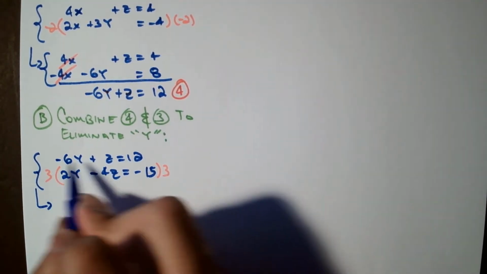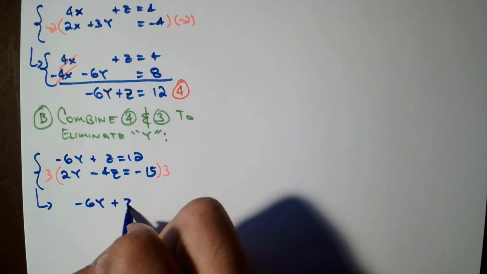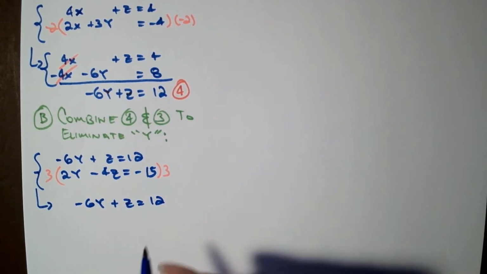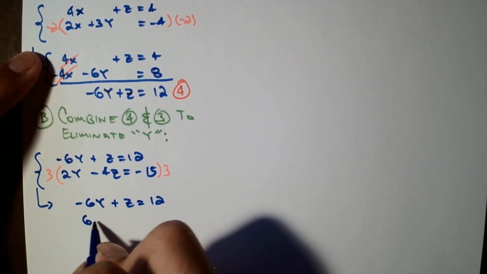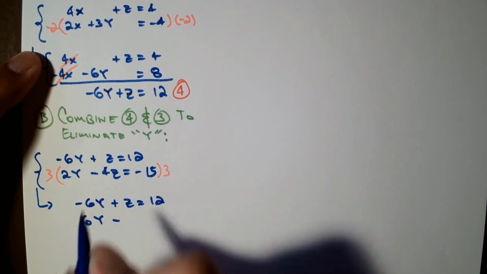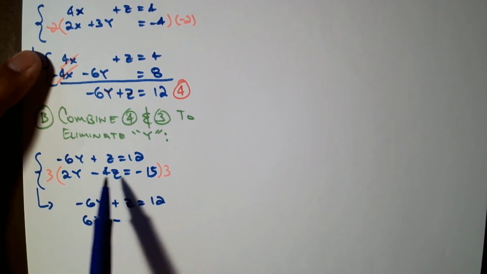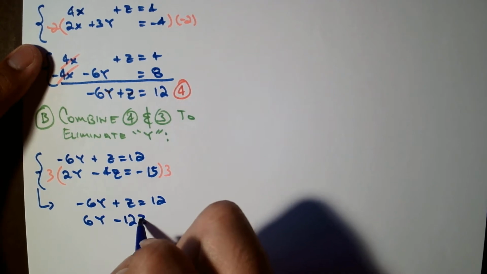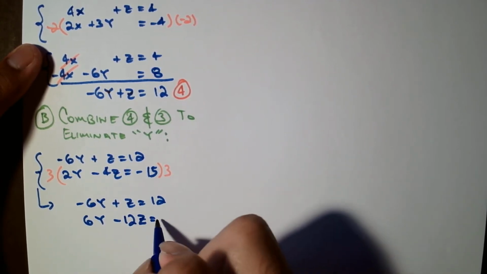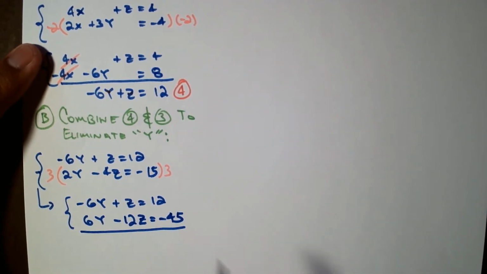So I'm going to rewrite this mini system: negative 6y plus z equals 12. And when we distribute the 3, that's 6y minus 12z. Be careful, remember we are distributing the 3 over all these terms. And negative 15 times 3 is negative 45. And we are ready to combine these two equations and eliminate the y's.